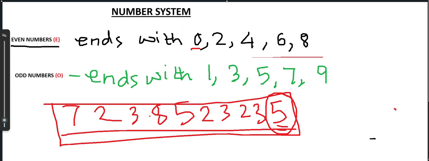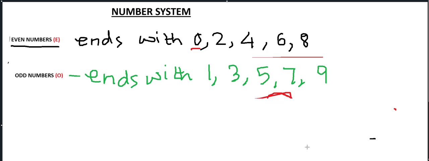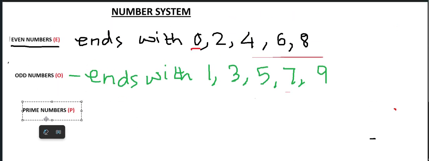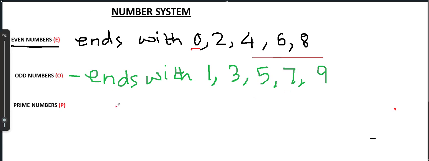Okay, so there we go, and we come to the last one, which is the prime number, right? So let me bring that up over here. And prime number is generally written as P, okay?